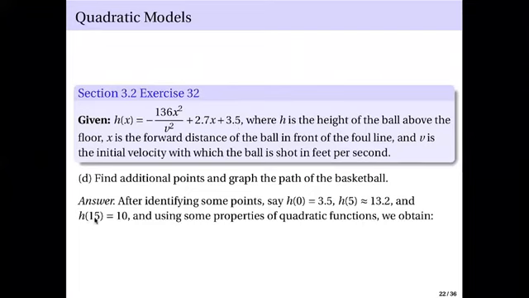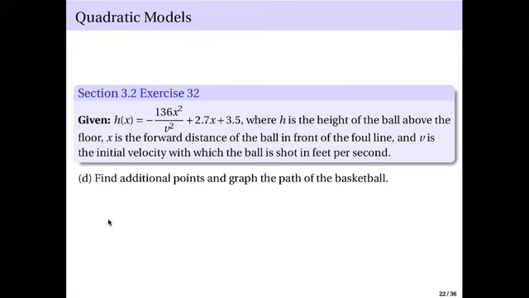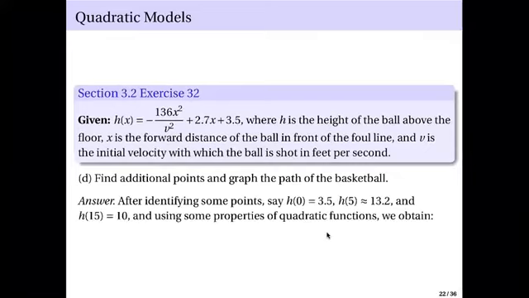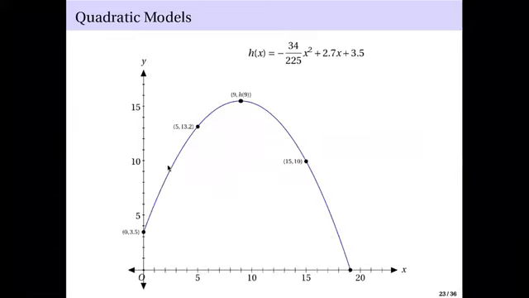X equals 15, it's 10. So we have this point, we have this point, we have this point, and we can even use this point, h of 9, 15.56. And the graph will be here.